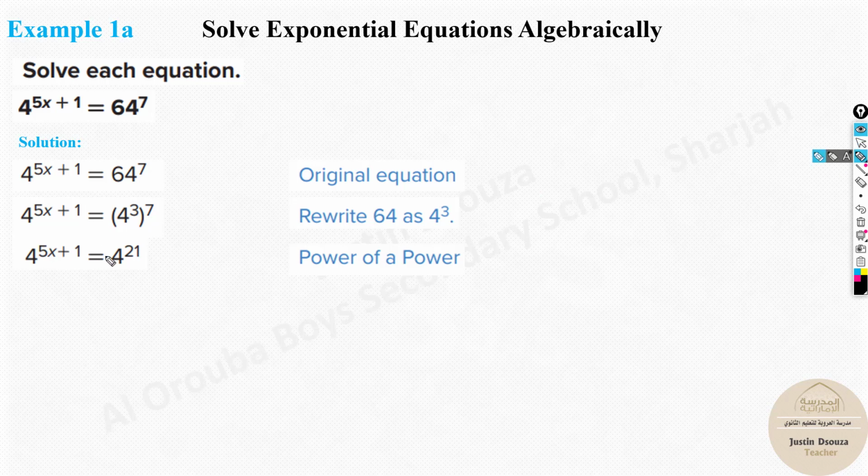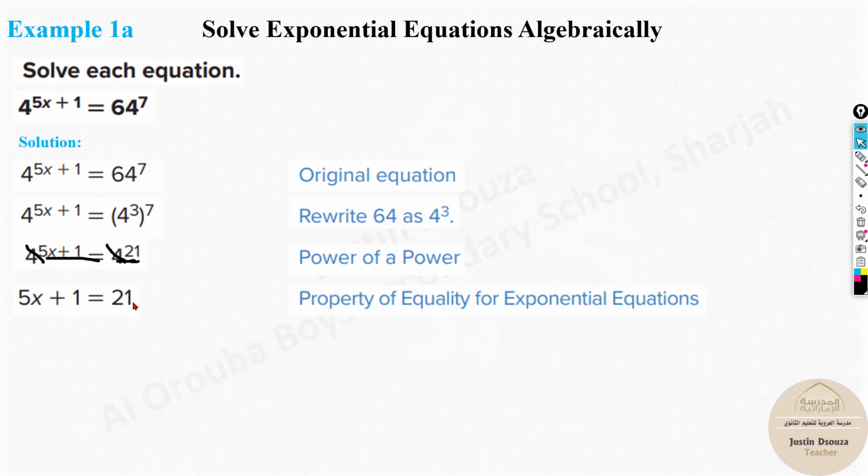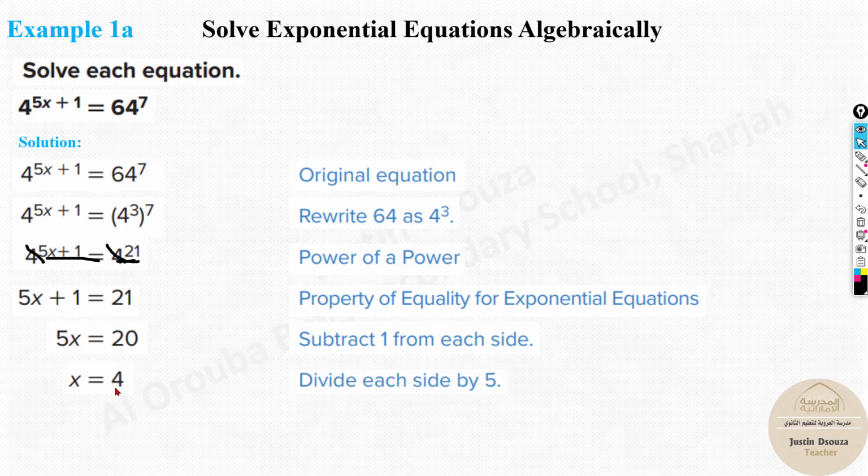Now the bases are the same, so leave them and just equate the exponents: 5x plus 1 equals 21. This goes to the other side and becomes 20, and 20 divided by 5 is 4. This is the answer.